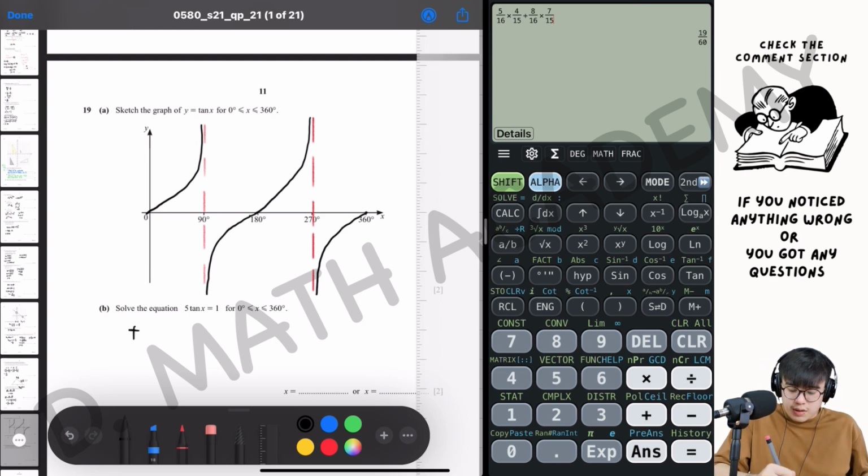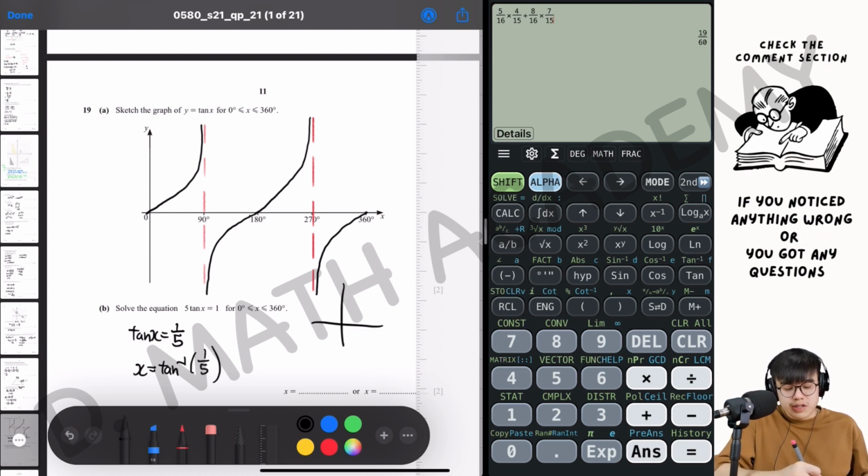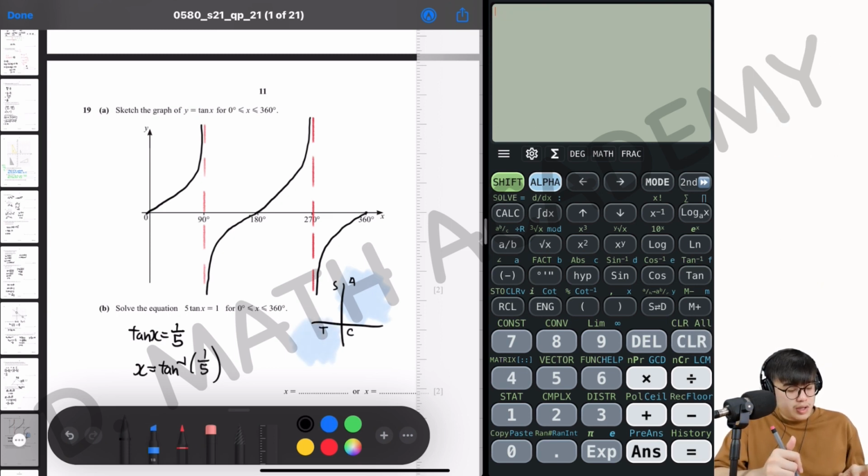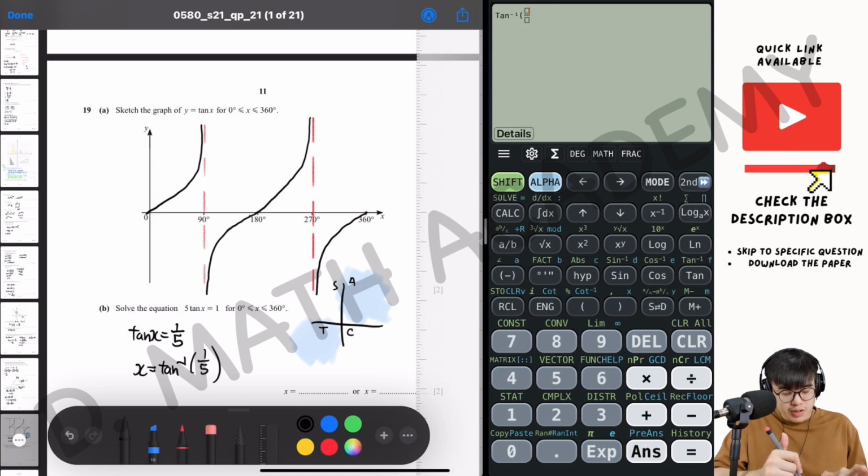Then for the next one, tangent x equals 1 over 5. X is actually tangent inverse of 1 over 5. So, quadrant concept, All Students Take Calculus. You have your answers in quadrants 1 and 3 here. So key in tangent inverse of 1 over 5. You will get your answers as 11.3 degrees, and the other one is actually 180 plus 11.3.